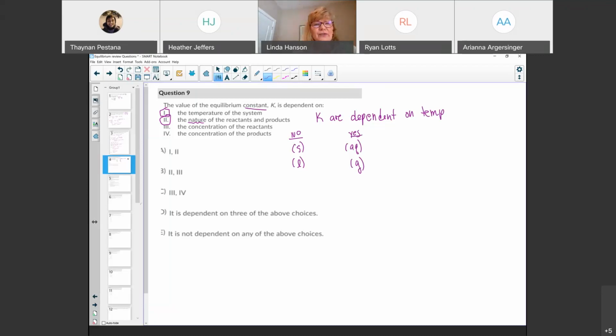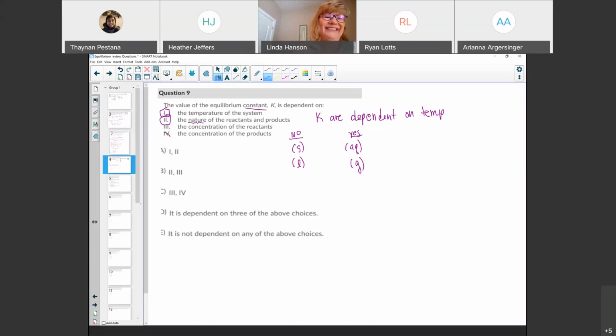And then 3 and 4 says the concentration of reactants or products. And based on Le Chatelier's principle, we would know that I can upset an equilibrium by changing the concentrations, but it will reestablish the same number by pushing forward or pushing in the reverse direction.